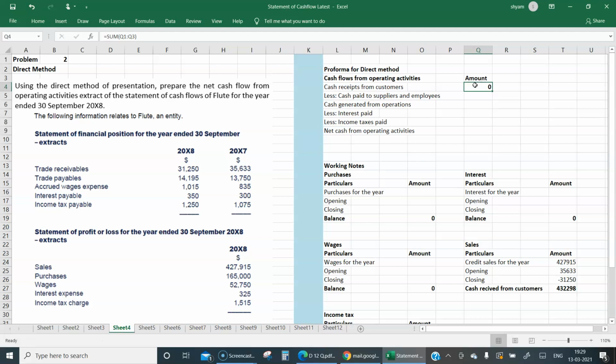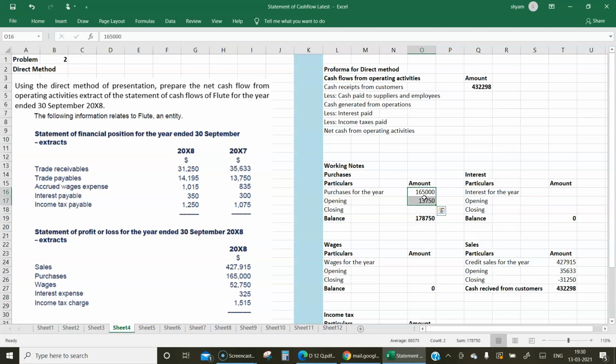The number comes to 432,298. The next number is payables. Payables refers to purchases, so we will put it here. In the current year we have 165,000 as purchases. The previous pending bills which were unpaid by us are 13,750.